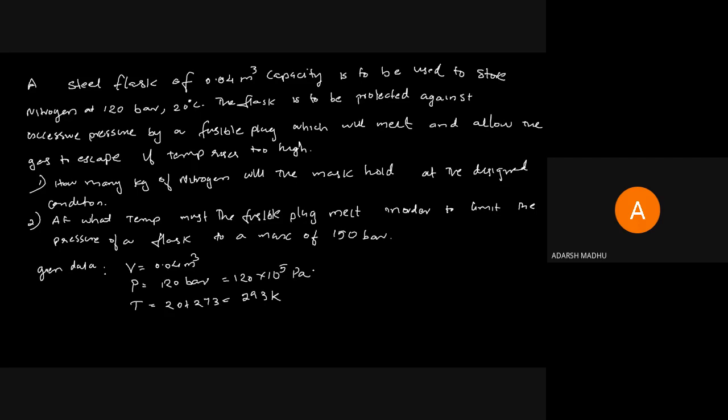How many kilogram of nitrogen will the flask hold? The equation is PV equal to MRT. You want to find the value of, sorry, M here. M equal to PV by RT, right? So pressure is given, volume is given, temperature is given. R value is not given. What is the R value here? Anyone?